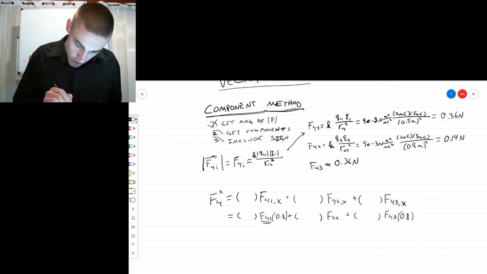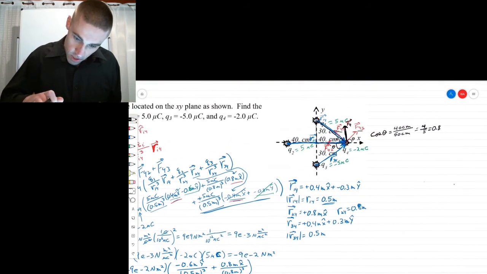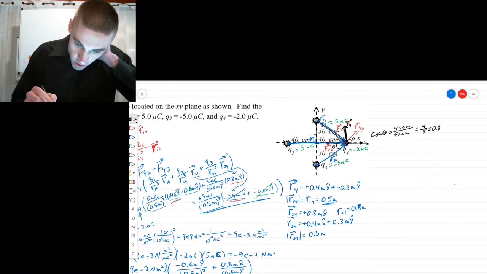And now I just need to fill in the signs for each one of these. So going back up to my picture again, the x-axis is pointing along this direction here, as indicated. So you can see that F43 has an x component that's in the positive x direction. F41 is pointing in the negative x direction, and F42 is all in the negative x direction.